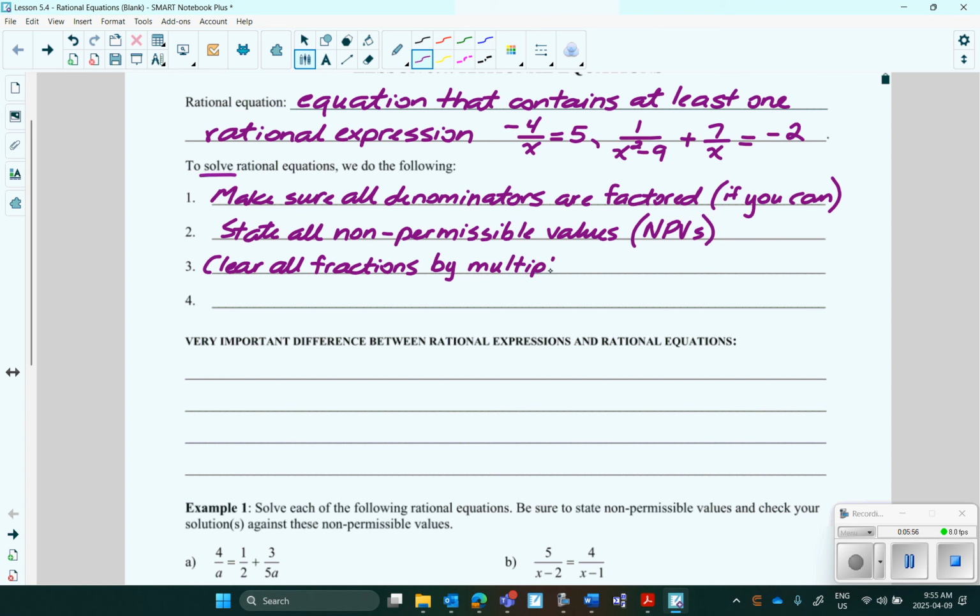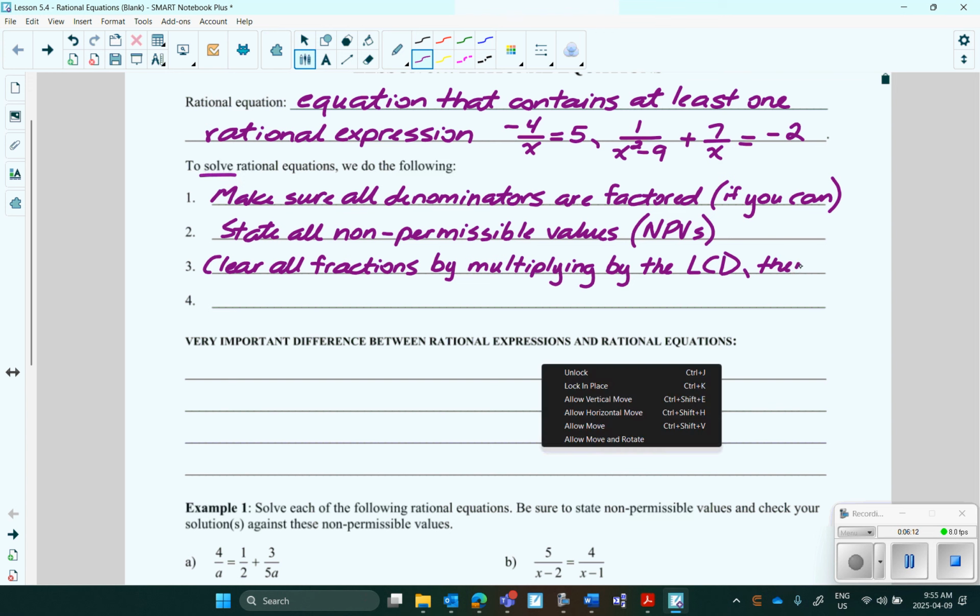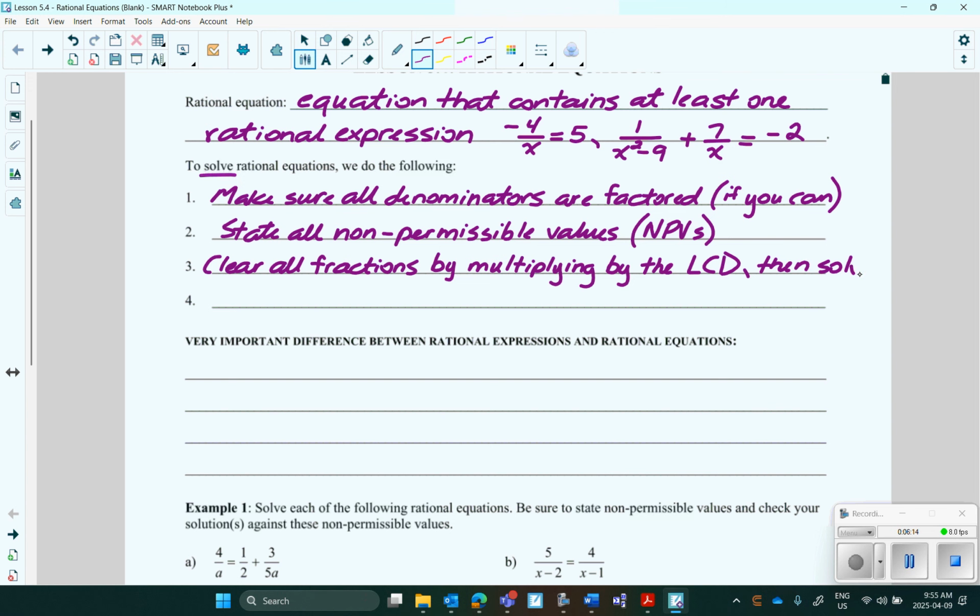By multiplying by the LCD, lowest common denominator. Once the fractions are all gone, it becomes a much easier equation to solve. So once those are all gone, then we solve what's left.